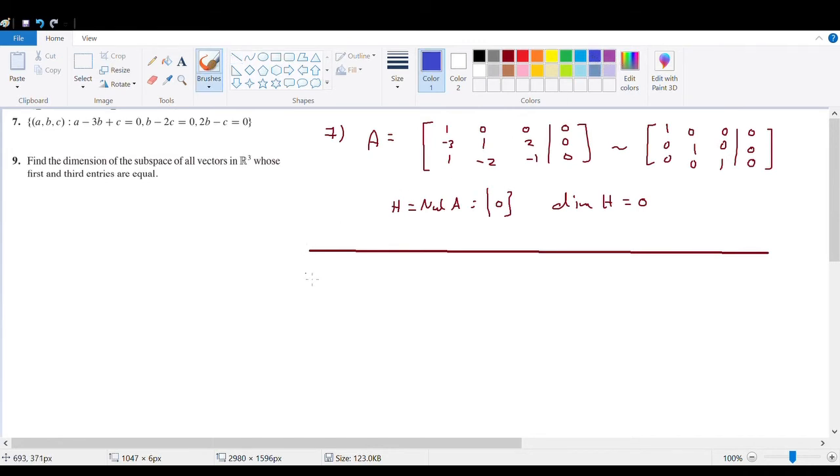find the dimension of the subspace of all vectors in R3 whose first and third entries are equal.